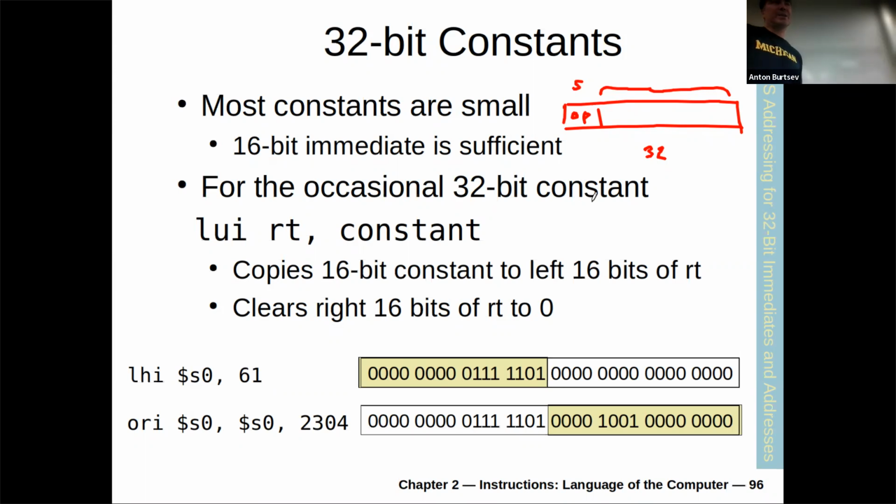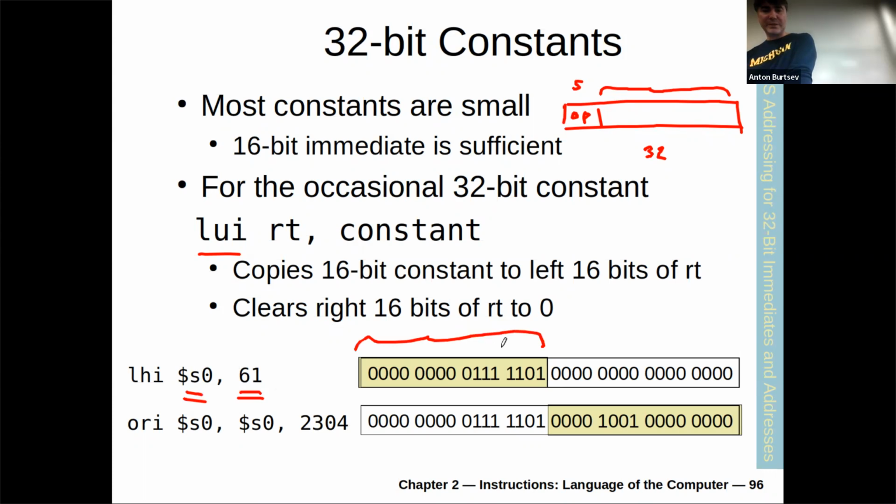So you might be puzzled. Is there a way to essentially load a 32-bit number into a register? And the answer is yes. They provide this instruction, which is called load upper immediate, right? And what it does, if you have a register here and a constant 61, instead of being loaded in the lower bits of the register as 0, it will take the upper 16 bits.